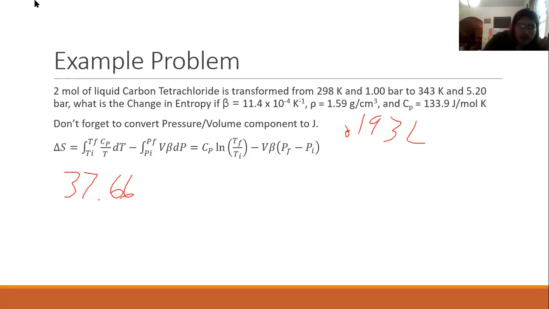If I did this right, the change from that is only 0.0926. So 37.66 minus 0.0926 is 37.56, if I did that right.